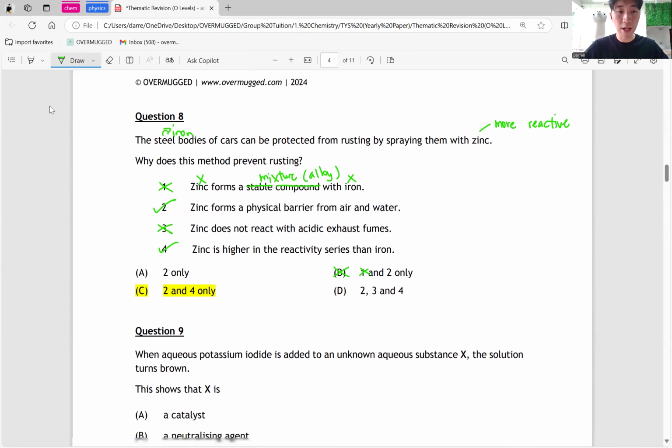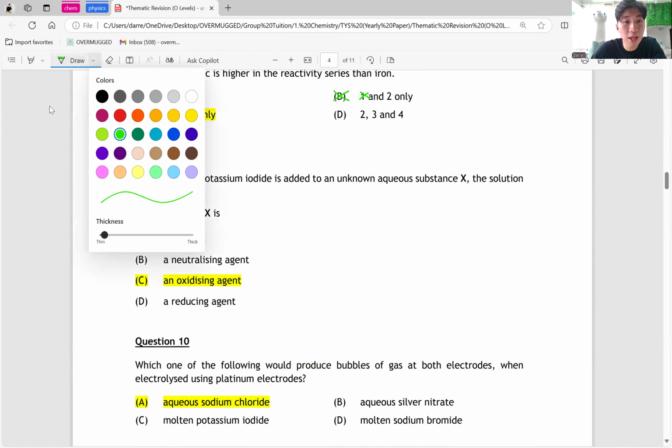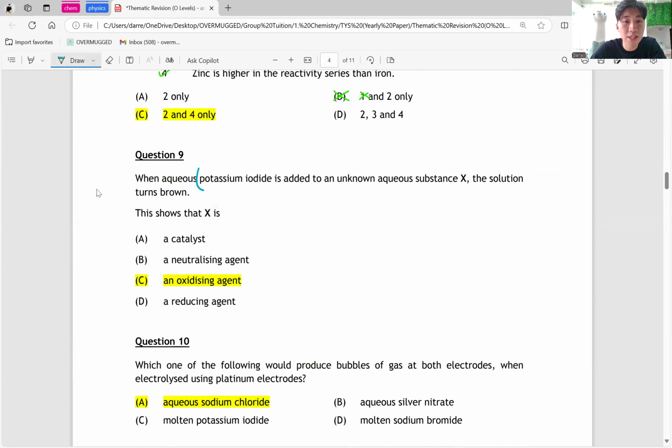Okay, let's move on. Last 2 questions before I wrap this video up. We were told that potassium iodide is added to an unknown substance and the substance turns brown. Now, what is being tested here, you might be surprised, is actually no longer your reactivity series or your periodic table. The question has already moved on. When we take a look at this wording here, potassium iodide, if you studied well enough, you will know that KI is actually your reducing agent.